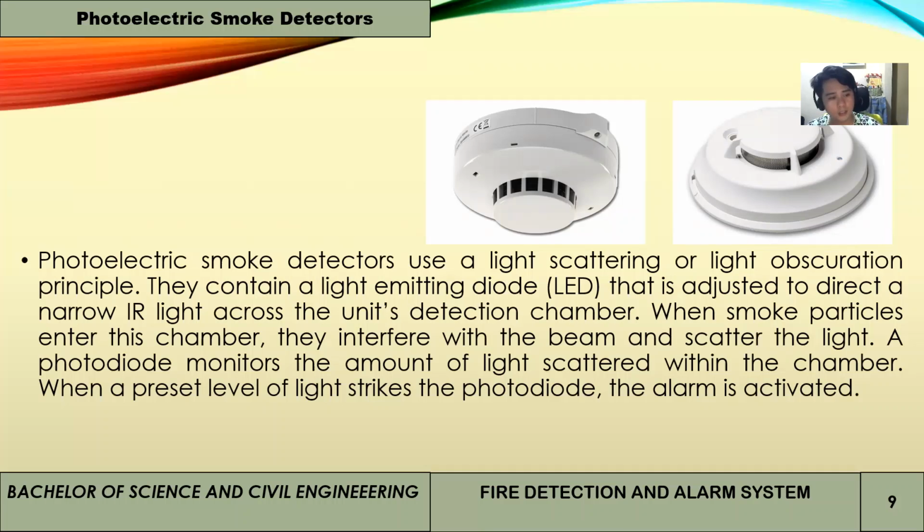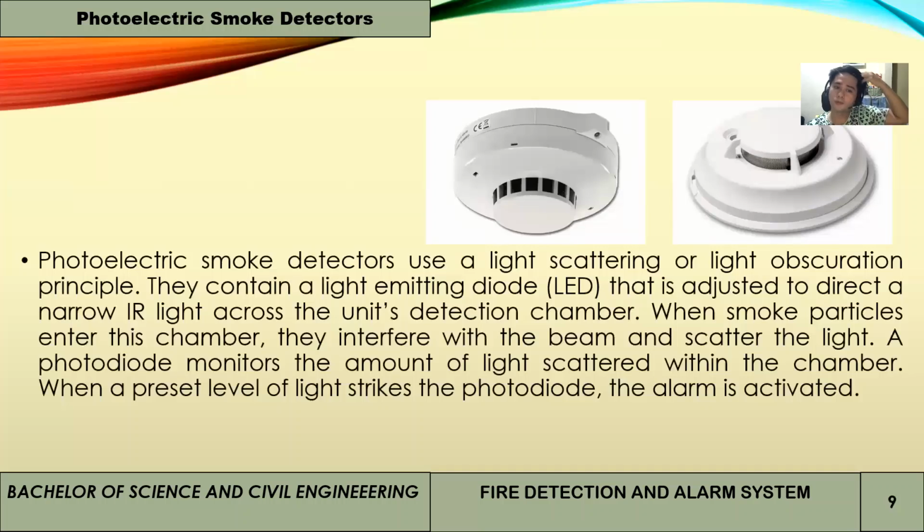When smoke particles enter this chamber, they interfere with the beam and scatter the light. A photodiode monitors the amount of light scattered within the chamber. When a preset level of light strikes the photodiode, the alarm is activated.